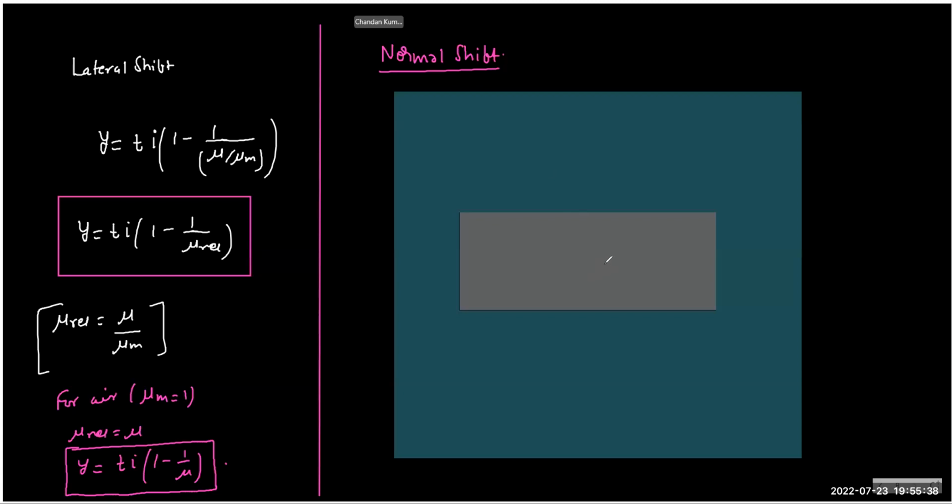That's better. So this is the experimental fish, and we are trying to look at the fish from some distance here.